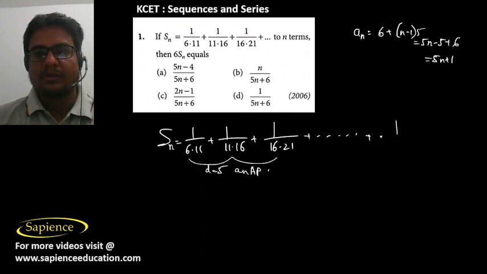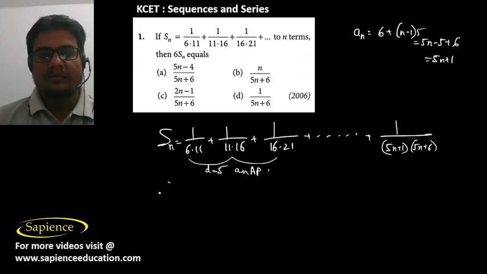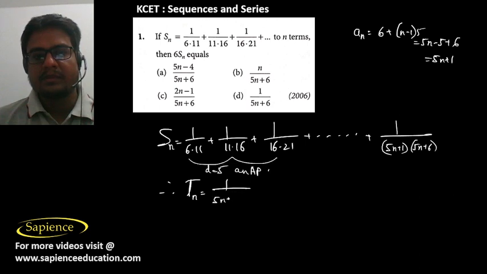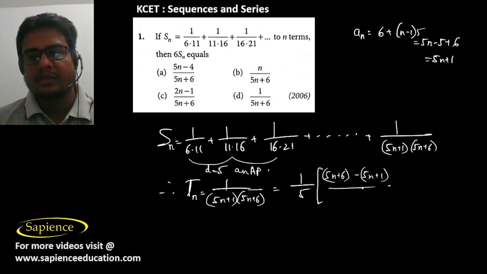So therefore it will go till 1 by 5n plus 1 into 5n plus 6. So the nth term is given as 1 by 5n plus 1 into 5n plus 6. Now this can be written as 1 by 5 into 5n plus 6 minus 5n plus 1 divided by 5n plus 1 into 5n plus 6.